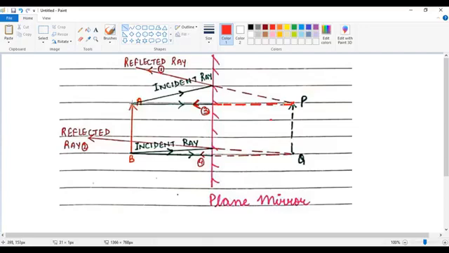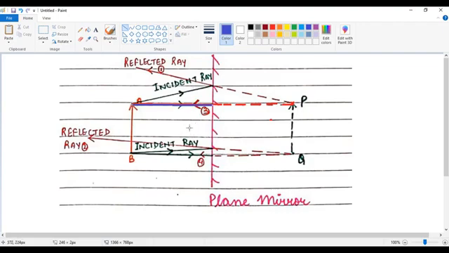Students, what is actually happening? The ray is incident on plane mirror, and in case of normal reflection, the light will be reflected back in the same medium, in the same path.